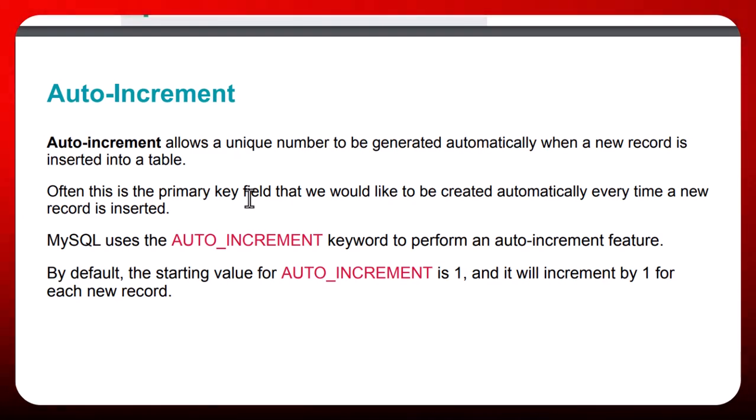Often, this is the primary key field that we would like to be created automatically every time a new record is inserted. So MySQL uses the auto increment keyword to perform an auto increment feature. Now by default the starting value of auto increment is 1 and it will increment by 1 for each new record.